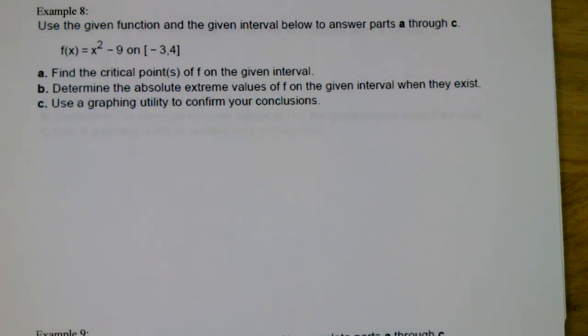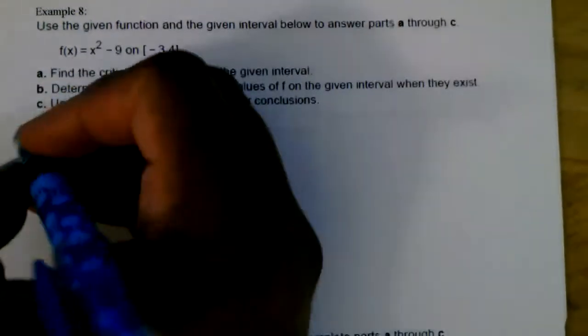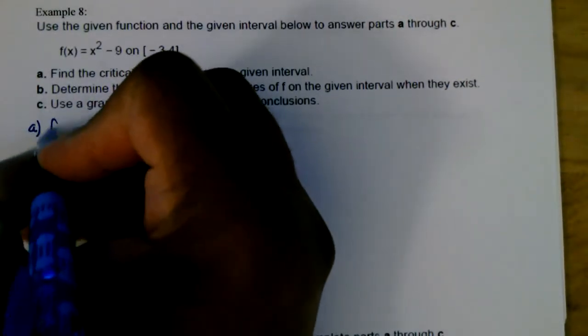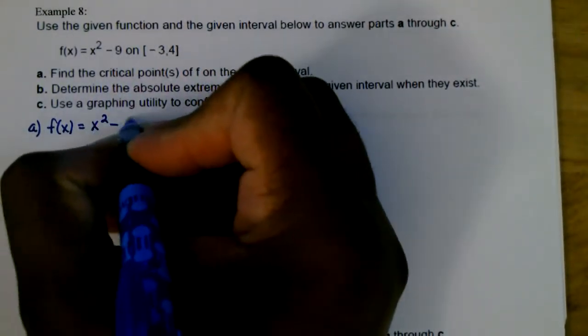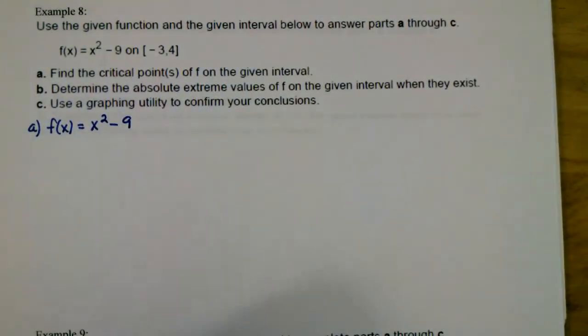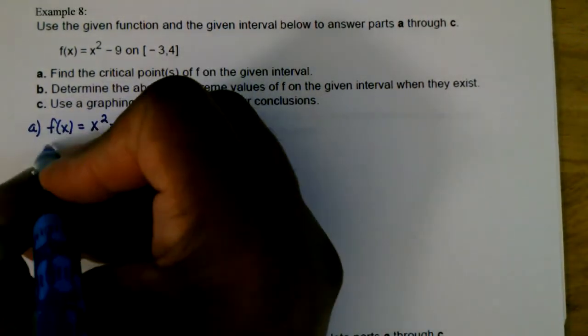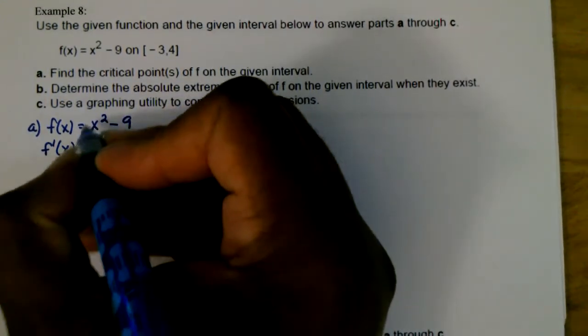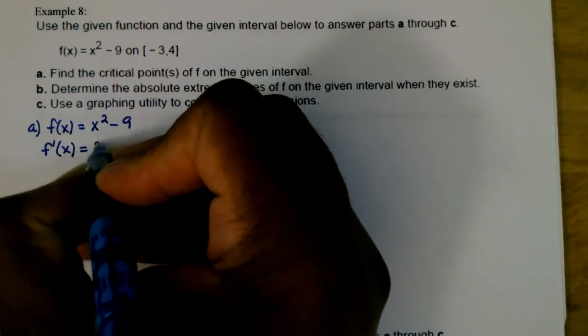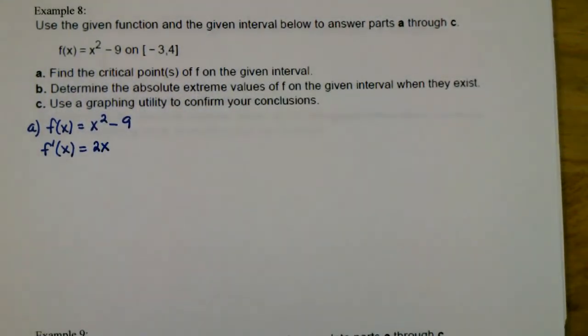All right, so let's start by finding our critical points. Our function is f of x is equal to x squared minus 9. So now let's find the derivative of that. f prime of x would be equal to the derivative of x squared minus 9, which is simply going to be 2x.